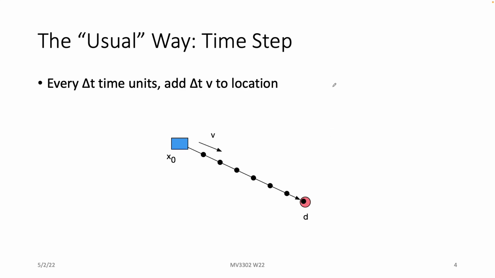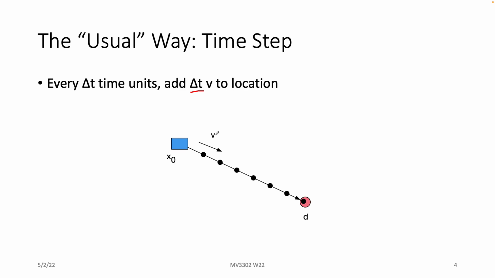And what's a time step? A time step is a certain increment of time, and every delta t time units, we click the clock and then update everybody's state. And then we click the clock again and update everybody's state.